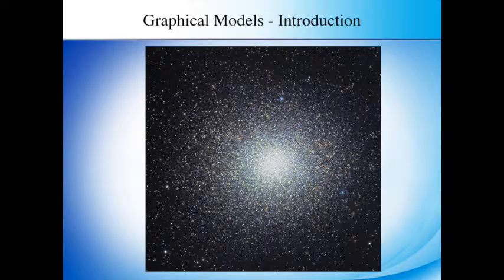Introduction. Graphical models, also called Bayesian networks, belief networks, or probabilistic networks, are composed of nodes and arcs between the nodes. Each node corresponds to a random variable x and has a value corresponding to the probability of the random variable, p of x. If there is a direct arc from node x to node y, this indicates that x has a direct influence on y.